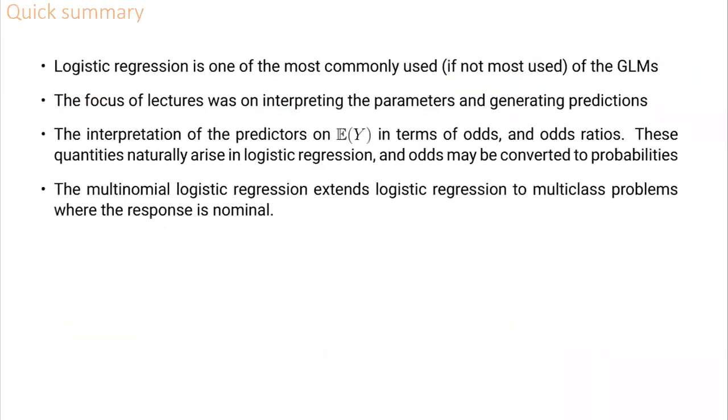Okay, so quick summary. No need to be quick, I guess, because this lecture hasn't been that long. Logistic regression is one of the most commonly used, if not the most common, of all the GLMs. We've focused on interpreting the parameters for logistic, and remember, we said there's a natural interpretation in terms of odds ratios.